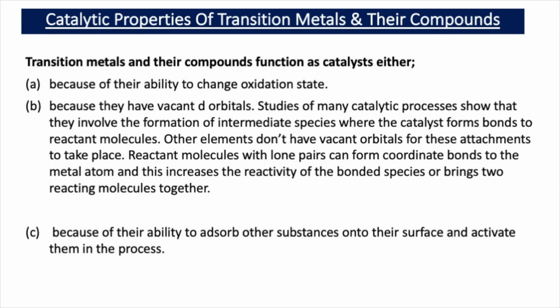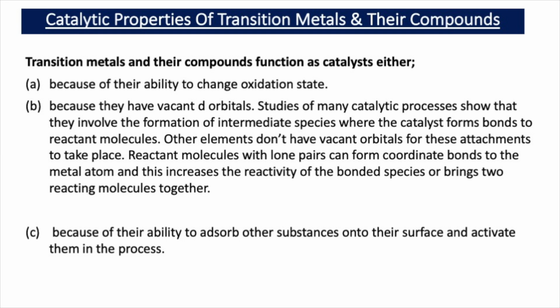A second reason that transition metals and their compounds act as catalysts is because they have vacant d orbitals. You'll remember that the definition of a transition metal is that it must be an element that contains at least one stable ion with a partially filled d shell, or it must have atoms with partially filled d shells.